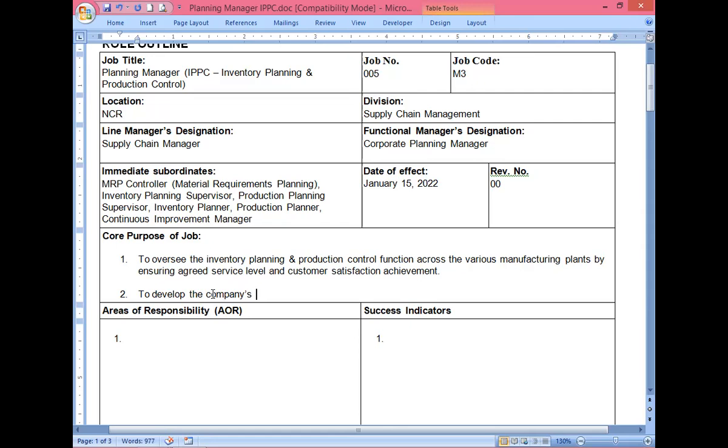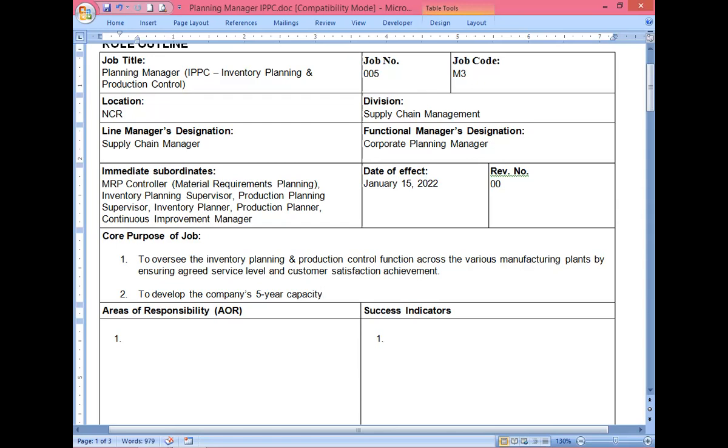5 year plan. I'm not saying plan. To develop the company's 5 year, I would say capacity. When you're talking about 5 years, you're talking about the capacity of your plant.